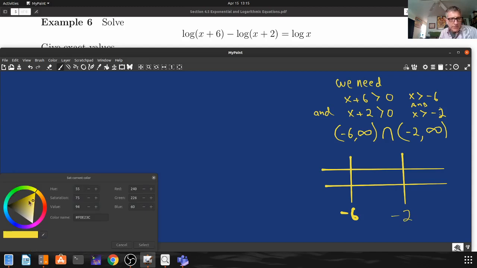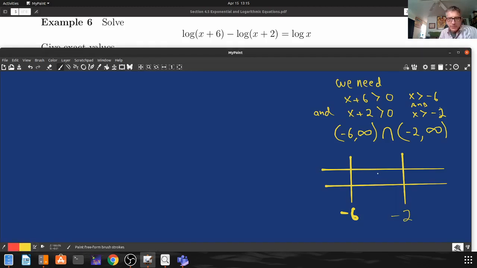For x greater than minus 6, that's all of that area. And for x greater than minus 2, that's all of this area. Since I'm taking the intersection of both sets, it's the area where both the upper and lower number lines are shaded in red.